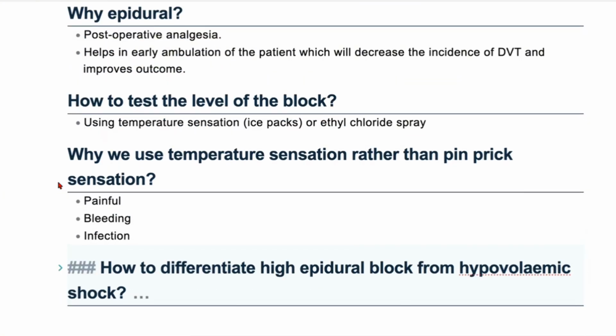Very good. How do you differentiate a high epidural block from hypovolemic shock? A high epidural block will cause bradycardia. Patients will typically be well perfused distally and have warm and pink peripheries, whereas in hypovolemic shock, they'll be tachycardic due to the increase in systemic vascular resistance, and they'll also be cold and clammy.